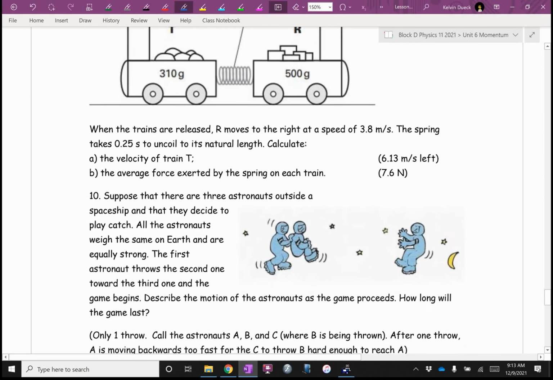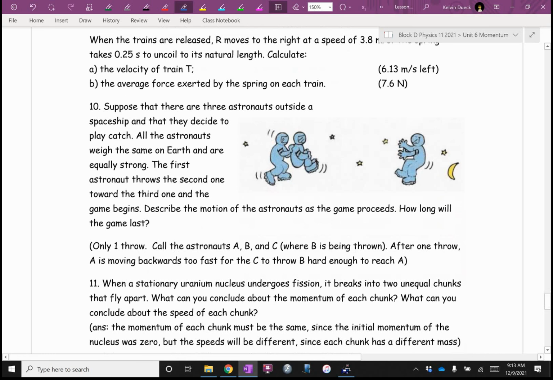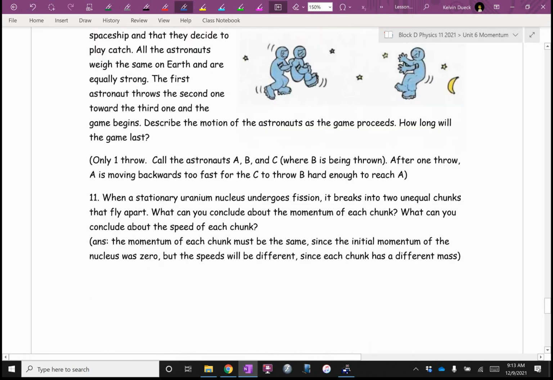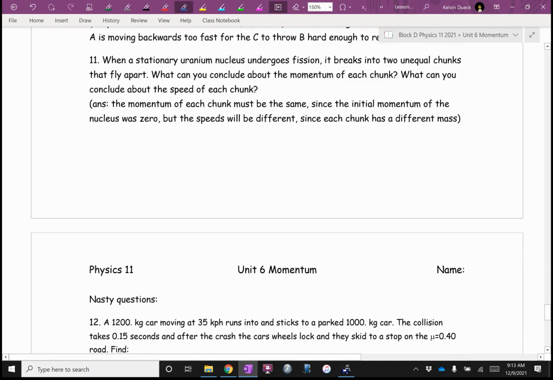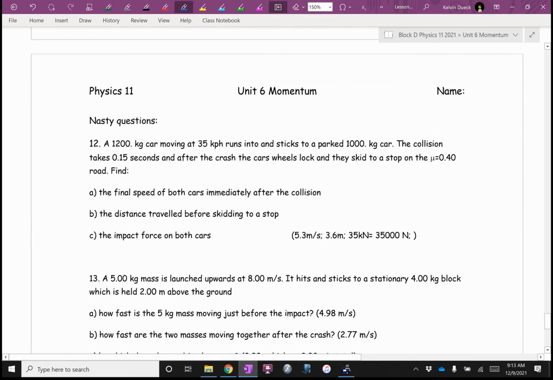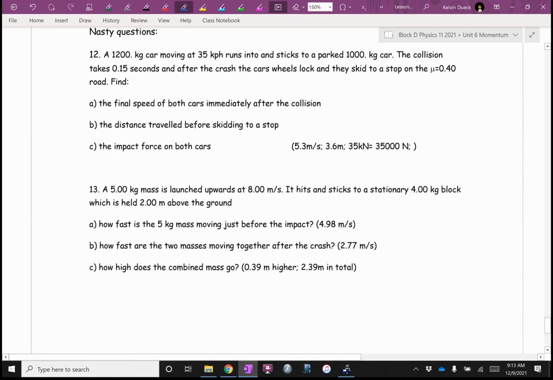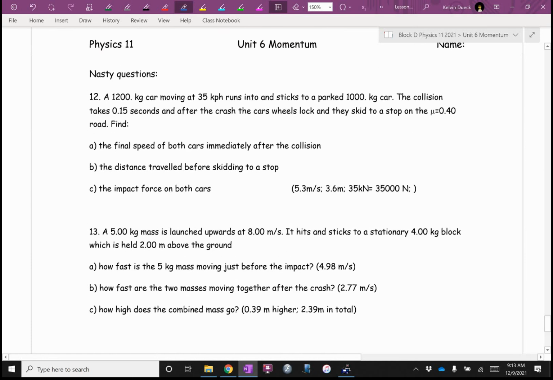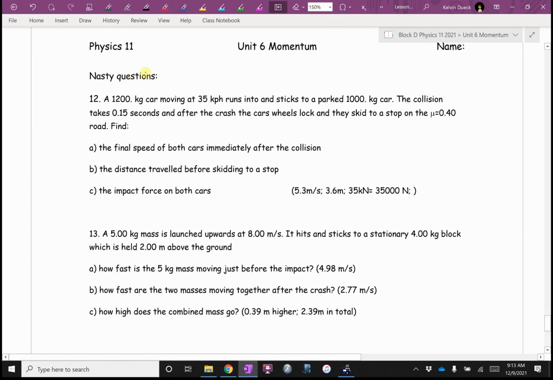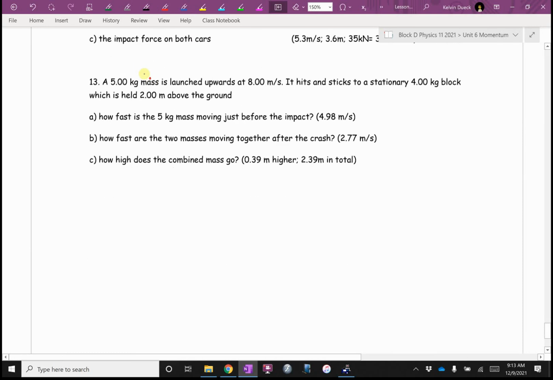I'll skip 9. 11, so I skip 10. I'll pass on the nasties this year. They're cool, but I'll pass on them, because I also know many of you still are working on the homework from last day.